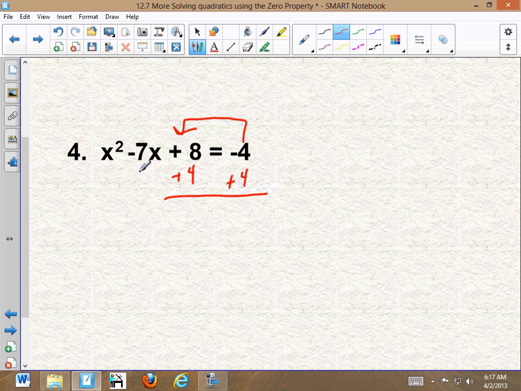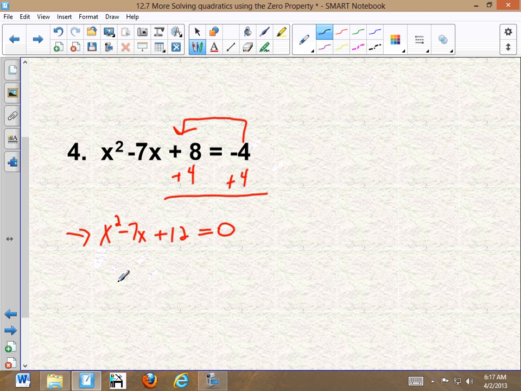Now, notice how I am adding 4 to the 8. I cannot add 4 to the negative 7x because the negative 7 has an x. This has an x squared. I can only add like terms. So I get x squared minus 7x plus 12 equals 0. So this now is what I'm going to factor.